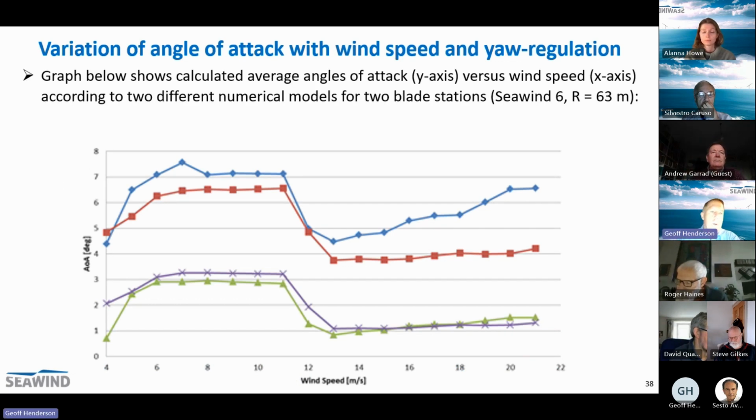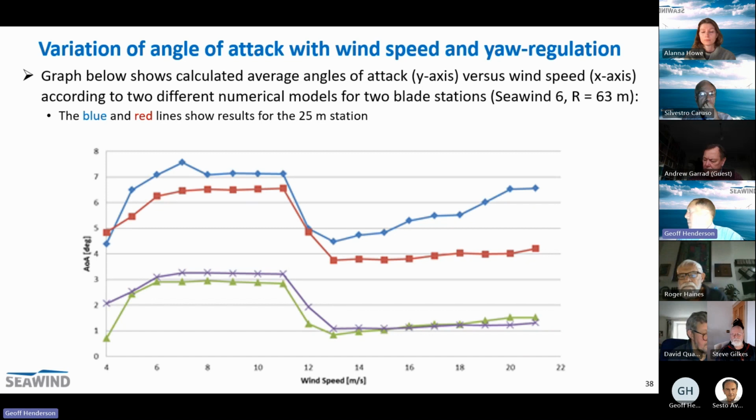This has been calculated through with a dynamic tool. Not sure if this is Bladed or FAST or CP-Lambda. In fact, there are a couple of different numerical models here, but this is for the Seawind 6, the radius of 63 meters being the maximum radius of the blades.